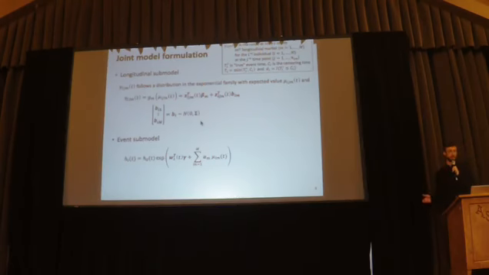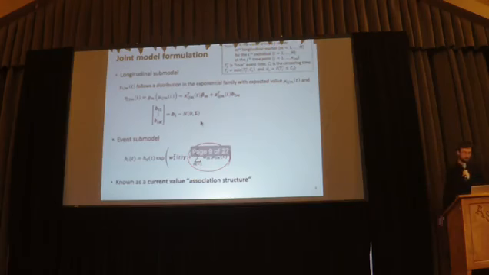So that's our longitudinal submodel. We then have our event submodel. Here, a proportional hazards regression model. So h_i(t) is the hazard of the event for individual i at time t, and it's equal to some baseline hazard h_0(t). And then inside the linear predictor, we have some covariate data again, this vector w and its associated population level parameters gamma, which are log hazard ratios. Then we have this term on the right, which we refer to as the association structure.